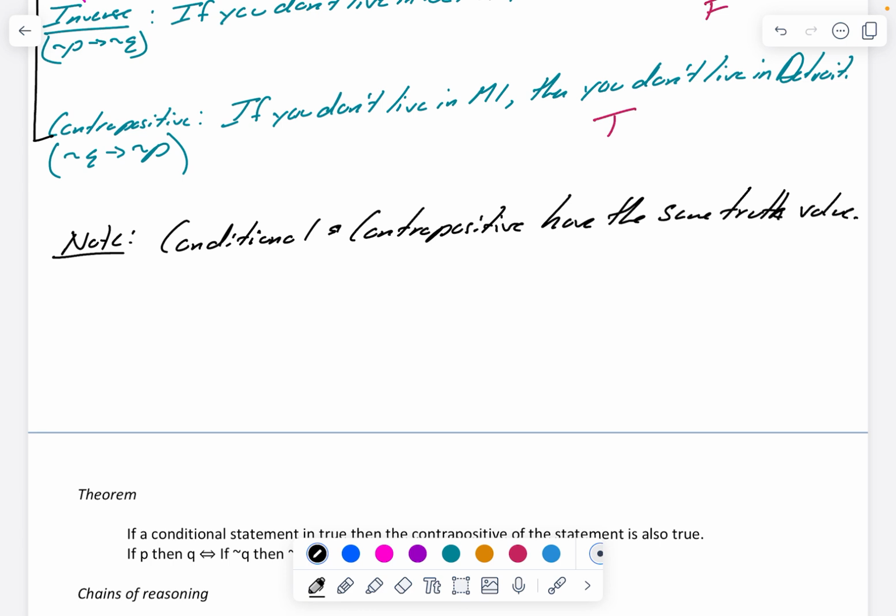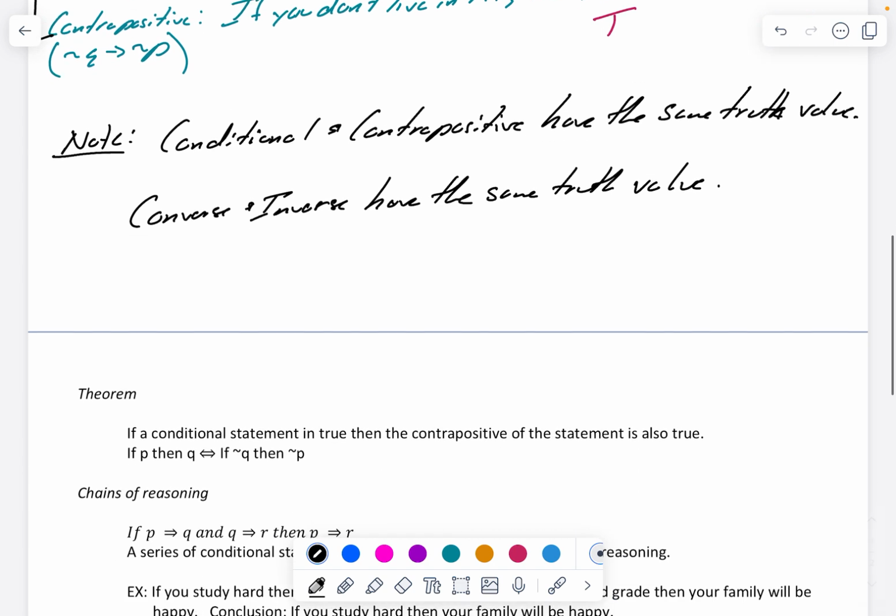And then the converse and the inverse have the same truth value. So the conditional and the converse go together. The conditional and the contrapositive go together, and then the converse and inverse go together.